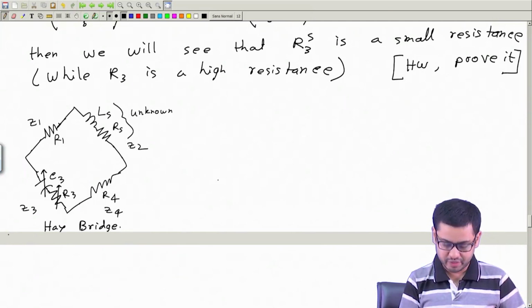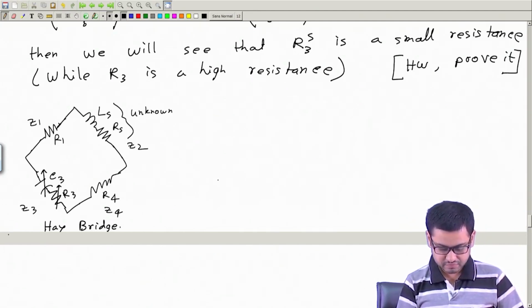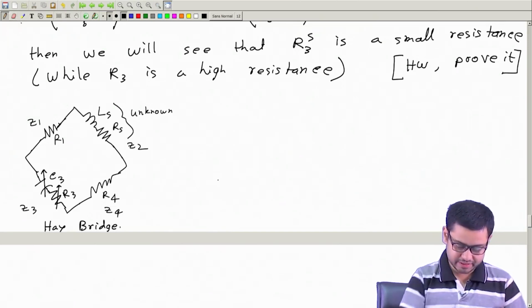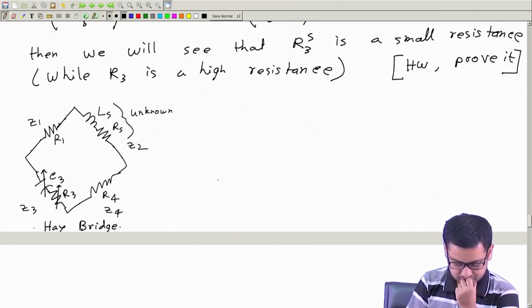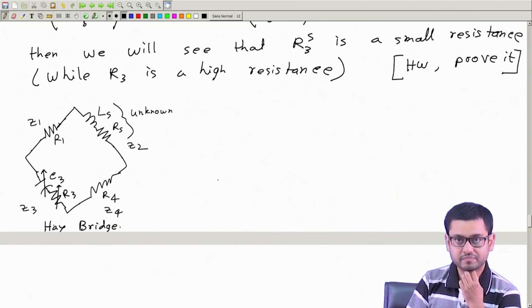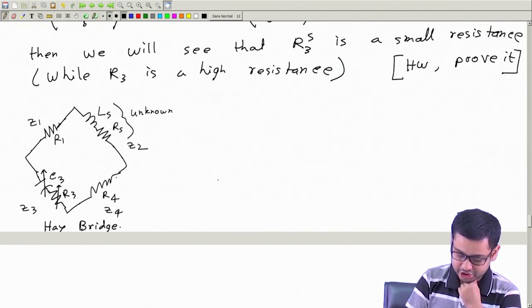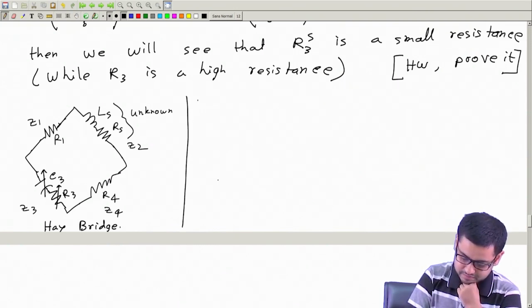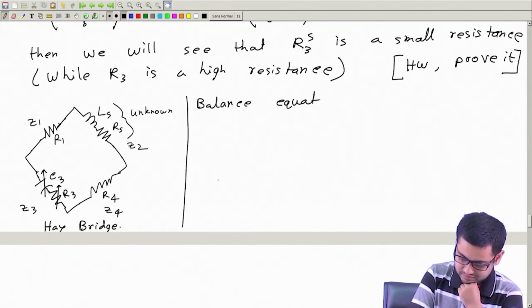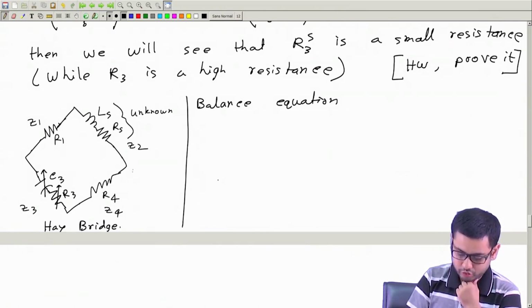Once again, you need not remember this. Okay, but then there is a small problem. What is the problem? The problem is, if we write the balance equation, so we can write Z1 Z4, the product, which is same as R1 R4.